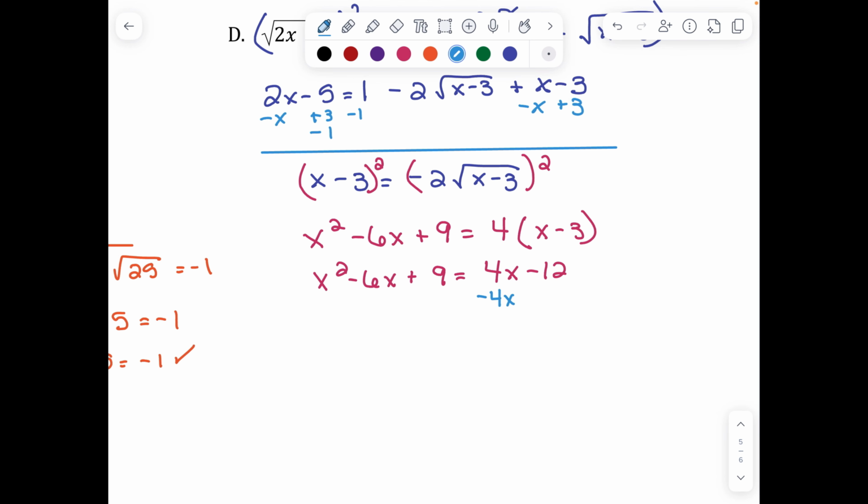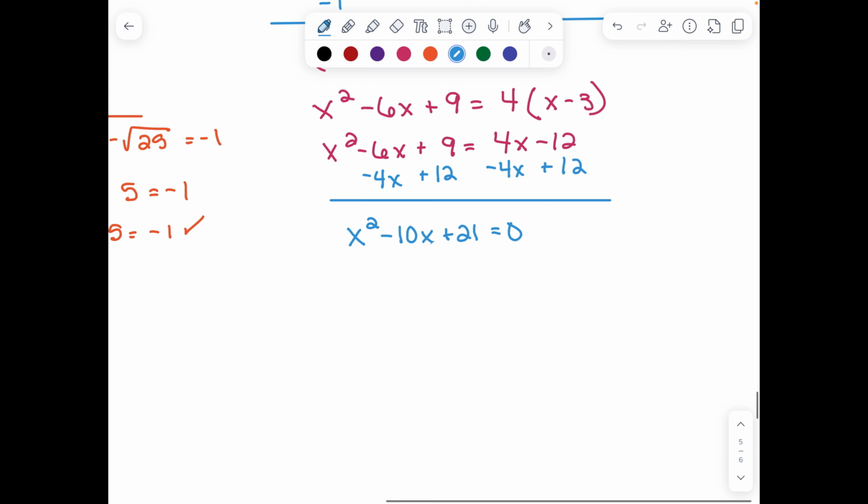I subtract 4x and add 12. I'm left with x squared minus 10x plus 21 is equal to 0. So then I have x minus 3 times x minus 7 is equal to 0. So x equals 3 or x equals 7.